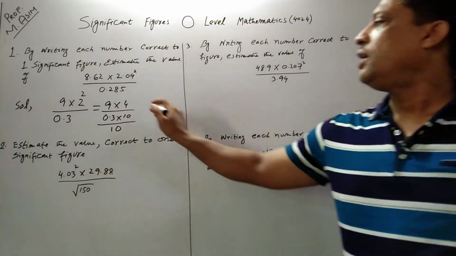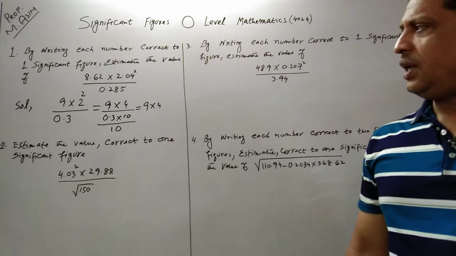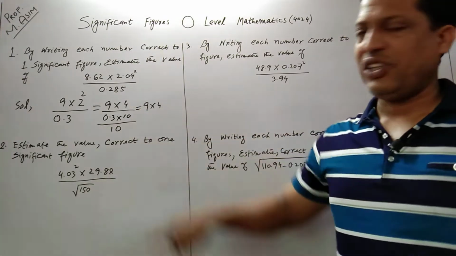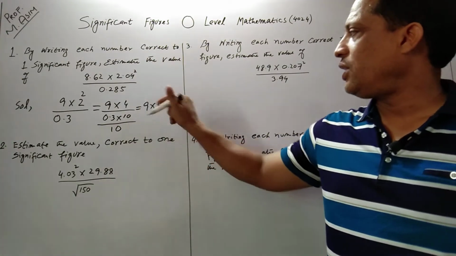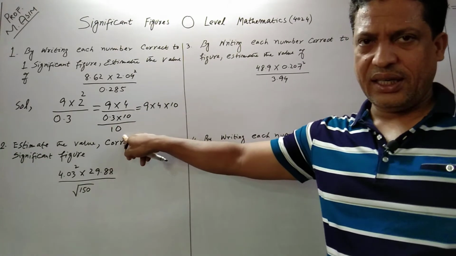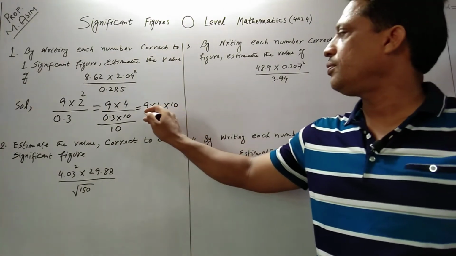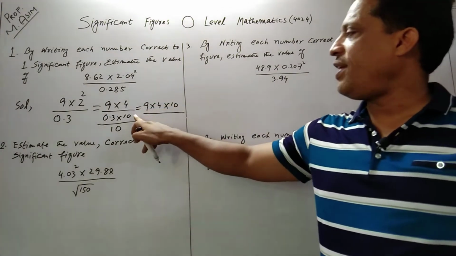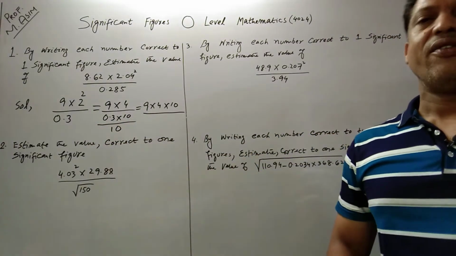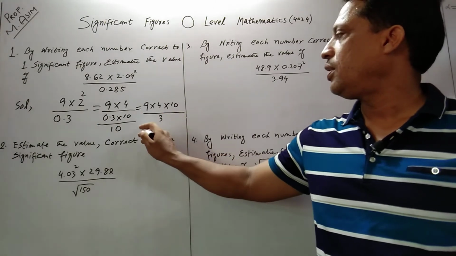Okay, 9 into 4. This is upon, a double fraction. So this 10 should be multiplied by the last denominator, and the numerator by 10 as well. Whenever you multiply 10 by 0.3, the point has vanished. So 10 into 0.3 is just 3.